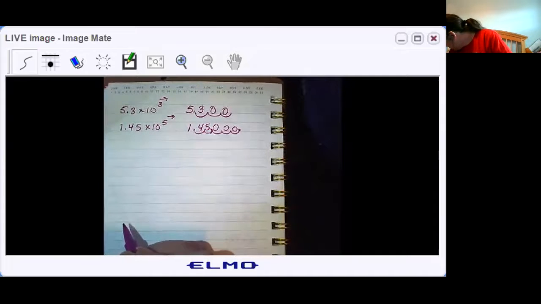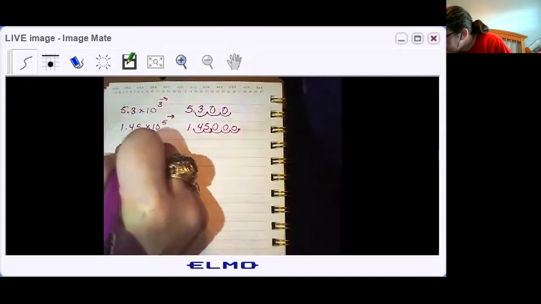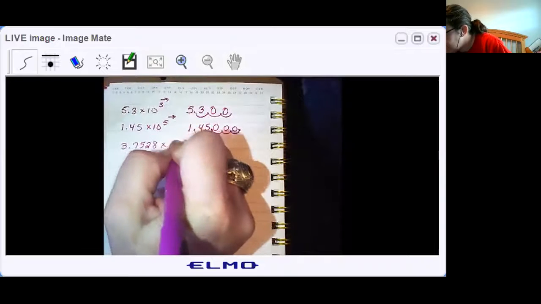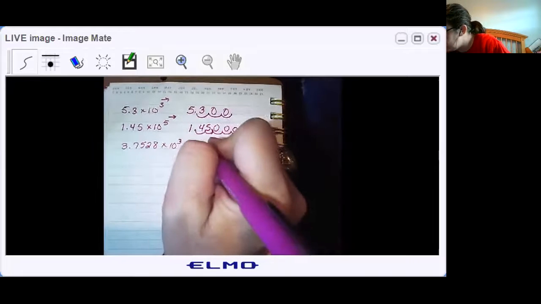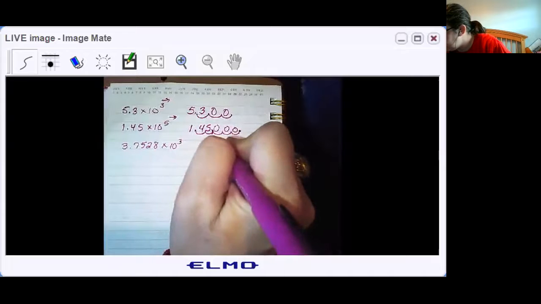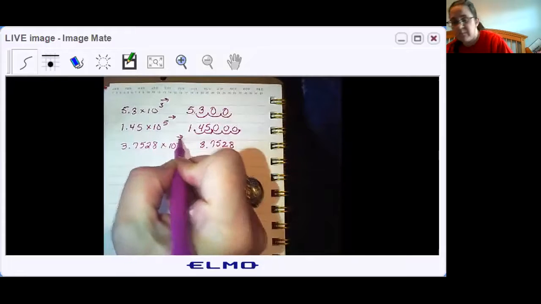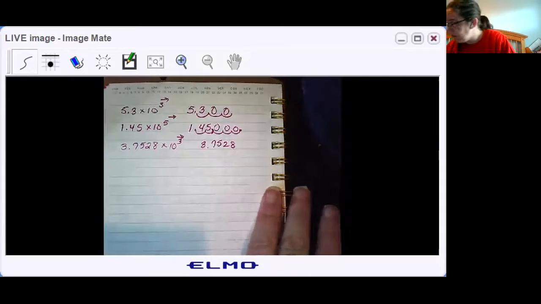Now what if I had 3.7528 times 10 to the third? Okay, well, let's look at this. We'll write out our initial number, 3.7528. 10 to the third means I'm making it bigger. I'm moving that decimal to the right to make it bigger.